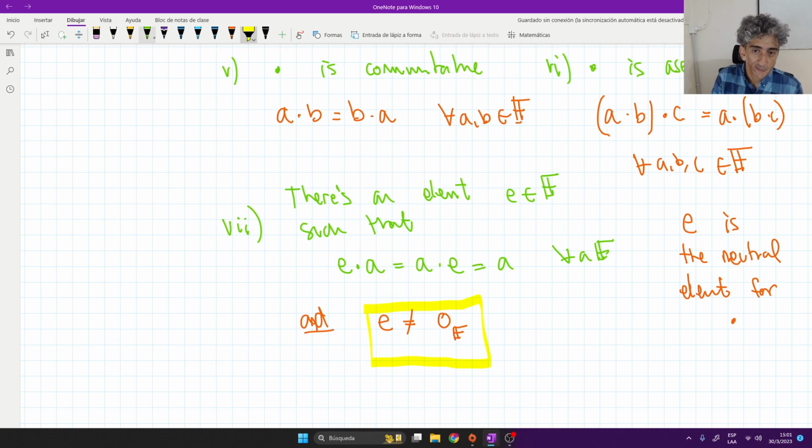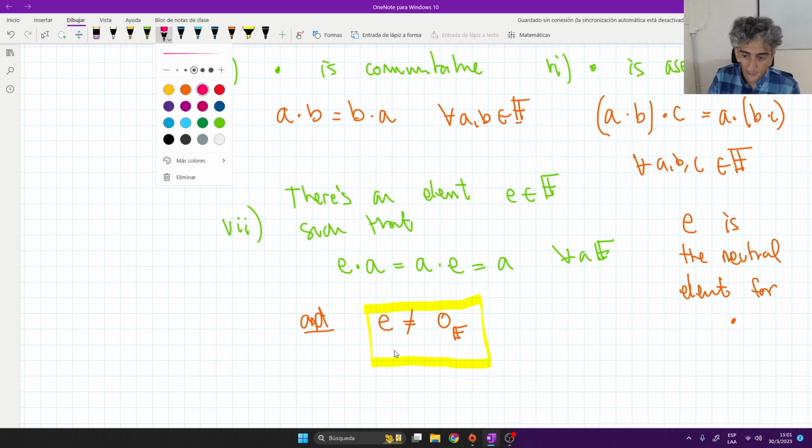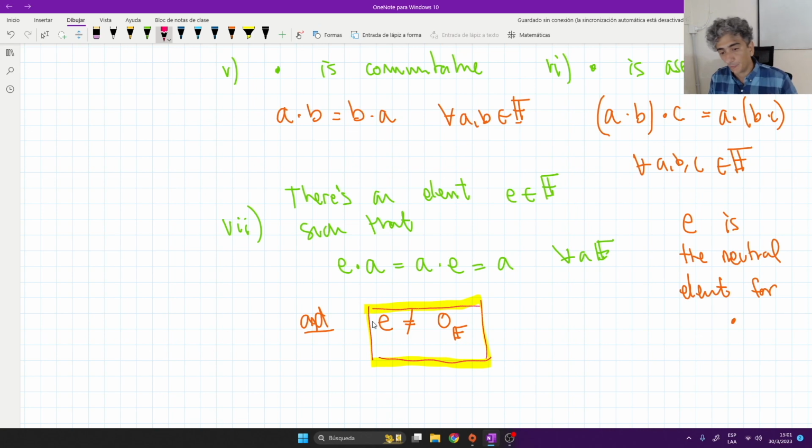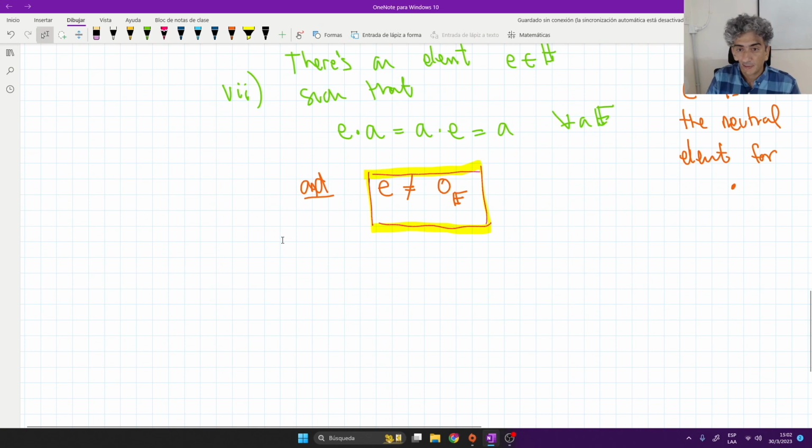This sounds like a very technical assumption, and it is a technical assumption, but it saves us a couple of headaches in the future. This is what we would ask for anyway. So there's an element that works as 1, and we're going to ask for some more things.